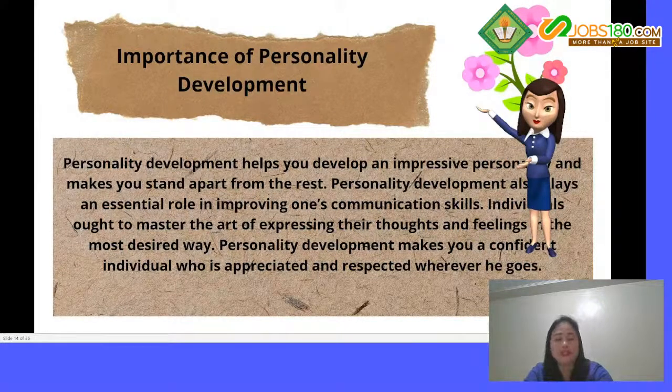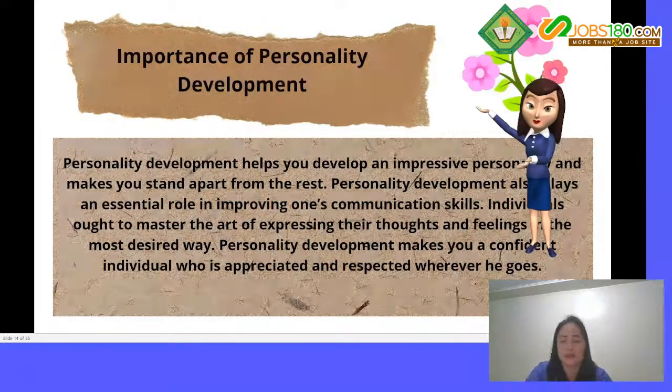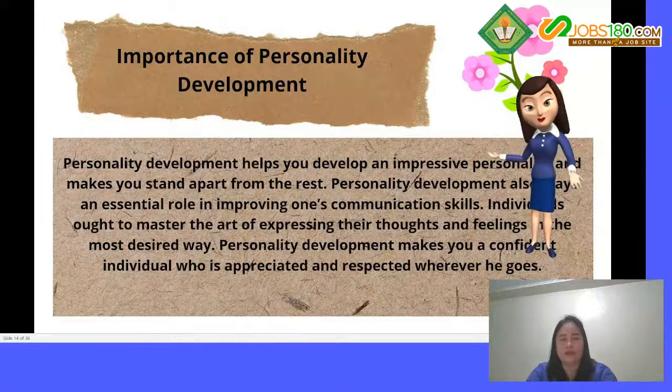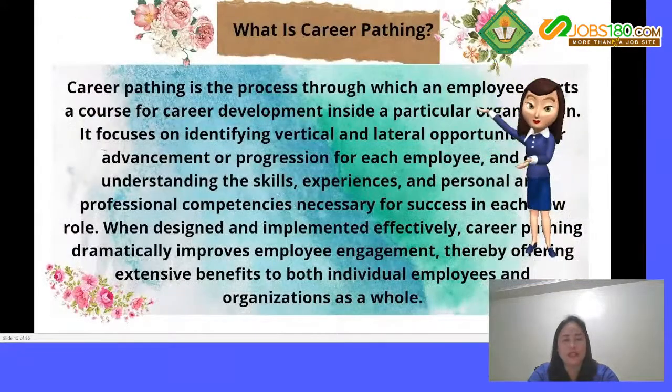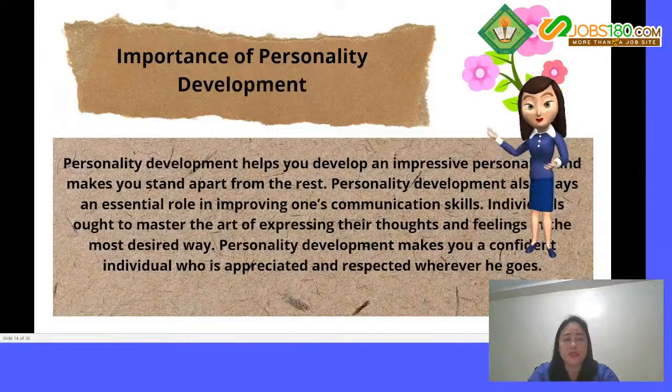Okay, personality development makes you a confident individual who is appreciated and respected wherever he goes. Okay, next. Okay, that's all for the importance of personality development.